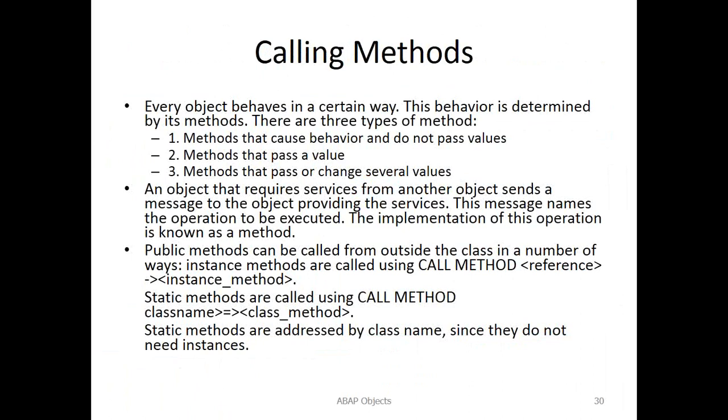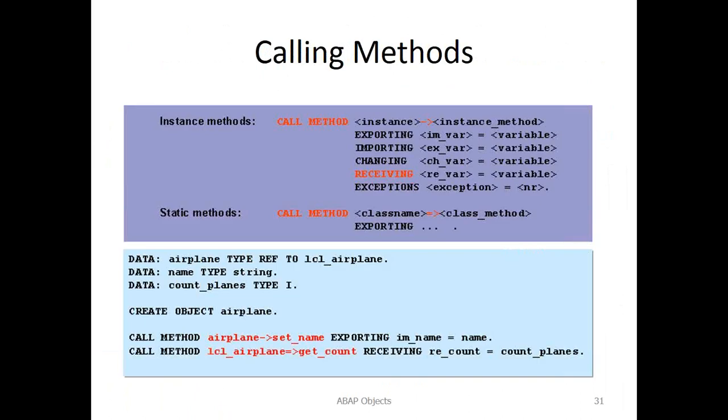It cannot be accessed with the class. A static method can be accessed with the class as well as the object. Instance method with single arrow, static method with double arrow.